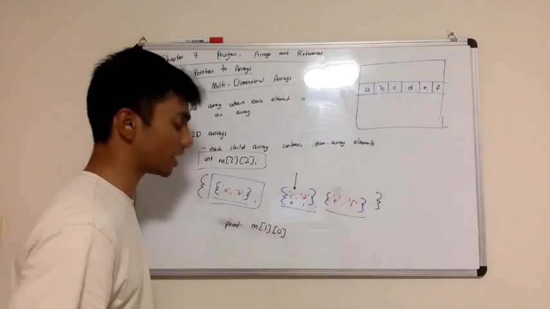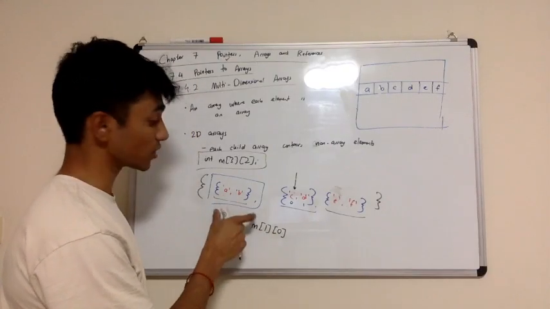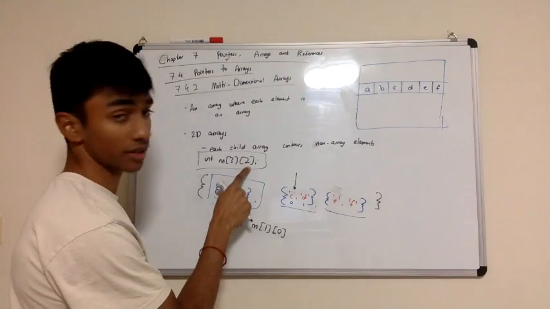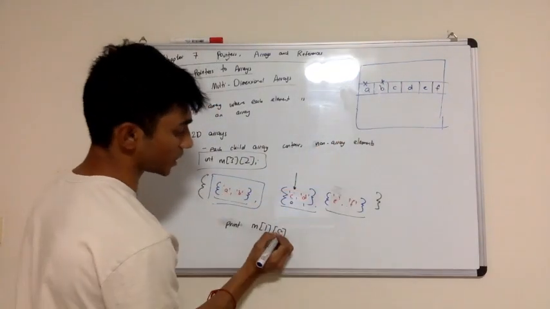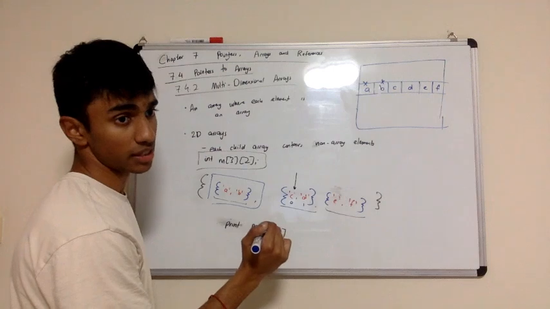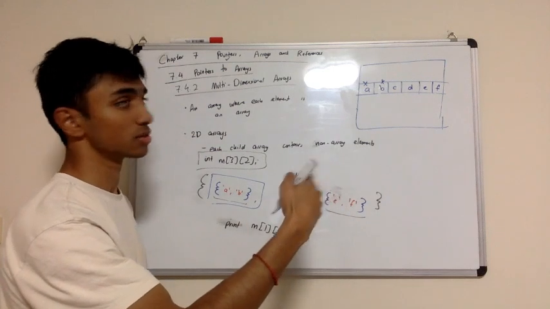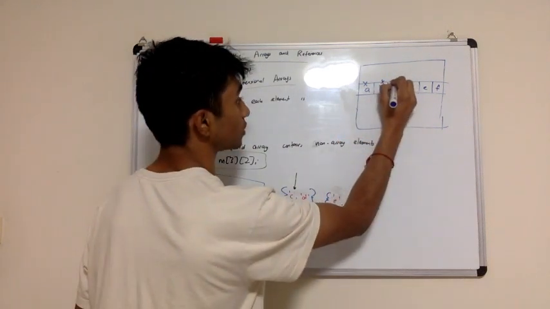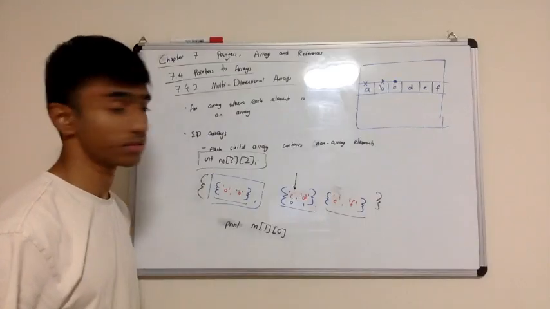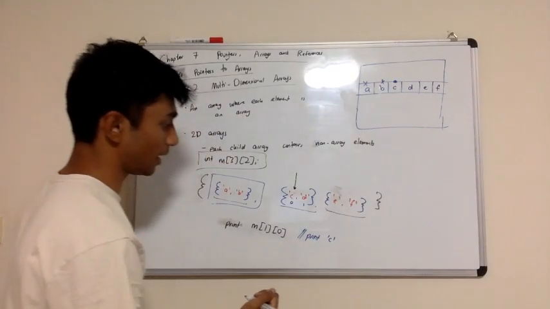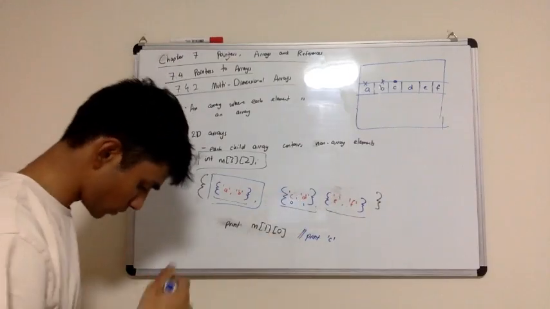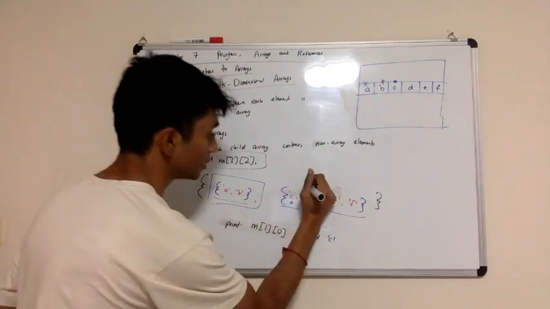And so it asks itself, how many elements is that worth? Well, it's one child array, and each child array has 2 elements. So we have to skip the first 2. So skip this one, skip this one. And then we're saying position 0, which means the additional number of elements we have to jump is 0. So we have landed on the element we want. So that would print C.